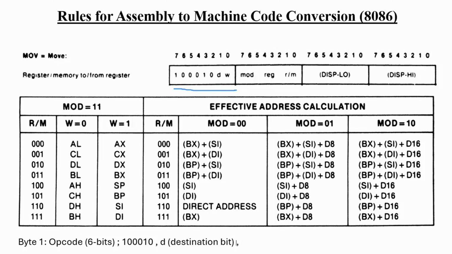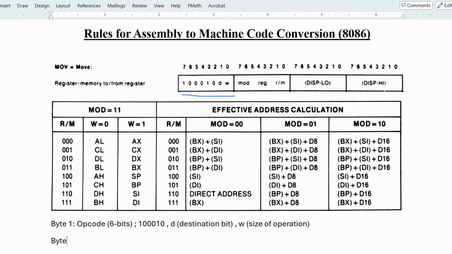The next thing in the first byte is the W bit, which is basically the size of operation. I will explain what it is and how you can decide it, but it is again a single bit, which means it will be one value, either 1 or 0. Then there is the next byte, byte 2. Byte 2 holds three fields: mod, reg, r/m.